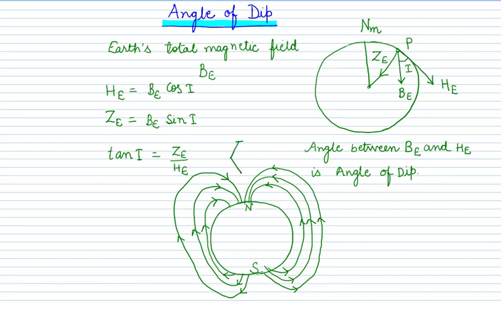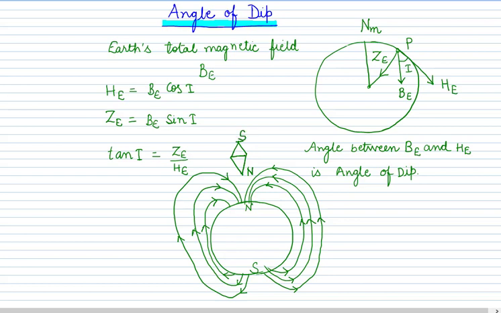So if you place a magnetic compass needle over here near to the North Pole, then the North Pole of the dip tilts downwards. So here will be the North Pole and this will be the South Pole.